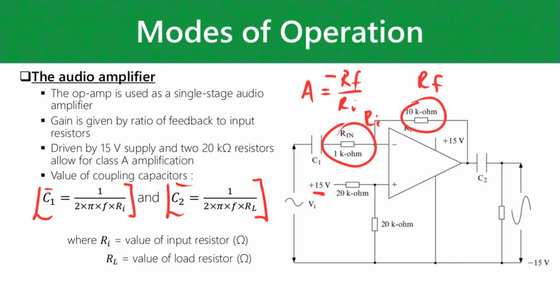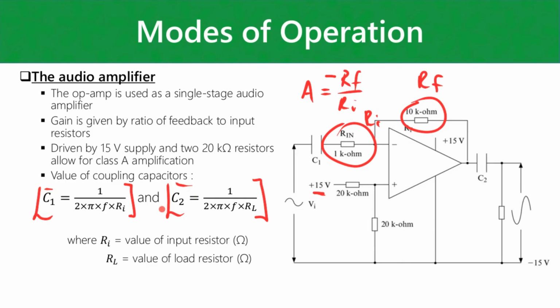Or rather, let me say it blocks signals below a certain frequency, to prevent low frequency noise or low frequency signals from going onto the inverting input and then potentially getting amplified. And the same with C2 there as well. C2 also acts as a low pass filter, or not low pass, high pass filter is what I meant.